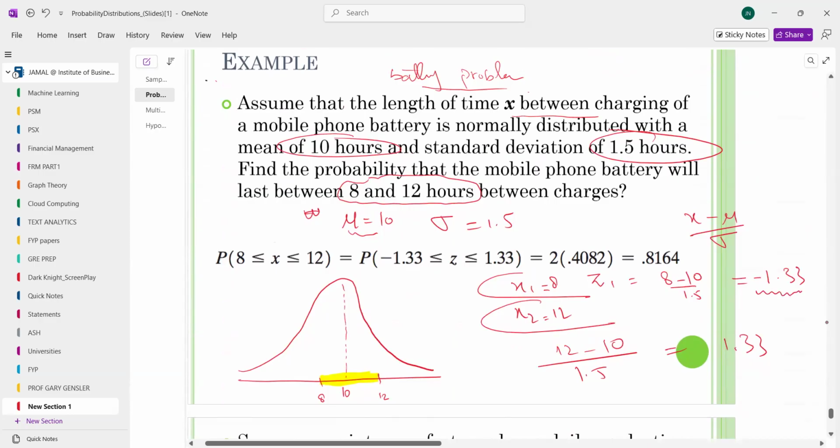How can you get to know the probability for the negative 1.33? It's simple, because it's a normal distribution and it's going to be symmetrical. So the area to the right of it and the area to the left of it are going to be equal.